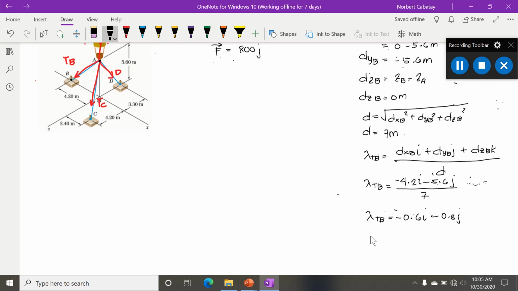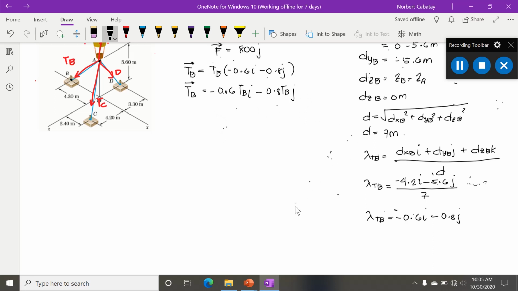Therefore, yung ating tension B in vector form is equal yung kanyang magnitude na hindi natin alam, multiplied by negative 0.6i minus 0.8j. Therefore, kung i-distribute natin yon, we have negative 0.6 T sub B i minus 0.8 T sub B j. So, yan.